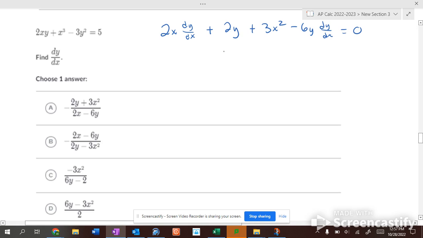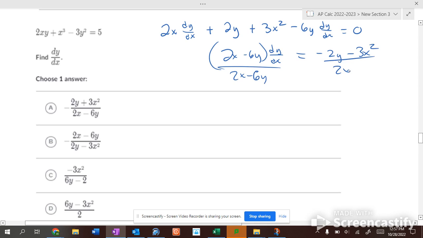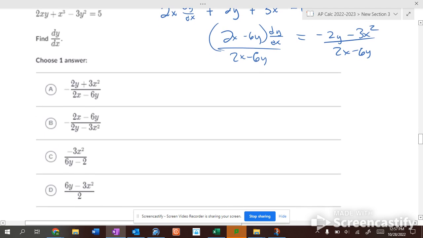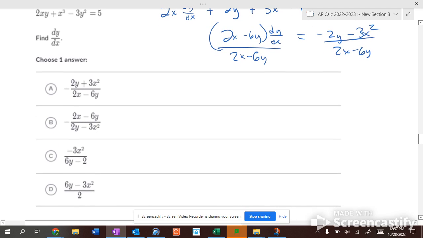Okay. And then, so it's 2x minus 6y dy dx equals negative 2y minus 3x squared. 2y minus 3x squared, yep, should be choice A.